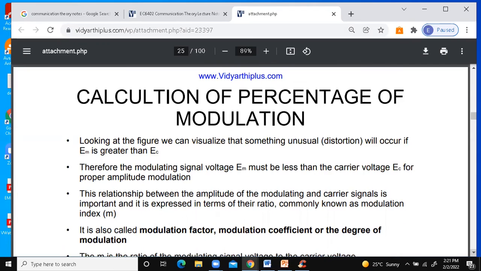So, calculation of percentage of modulation.